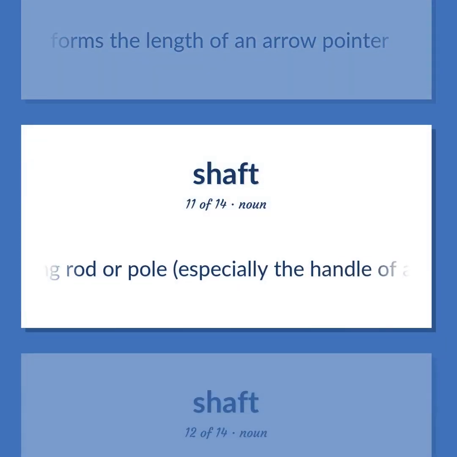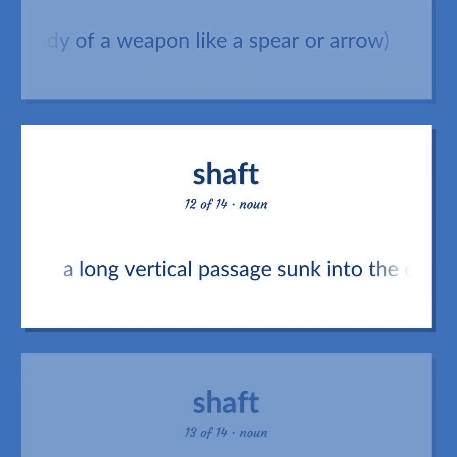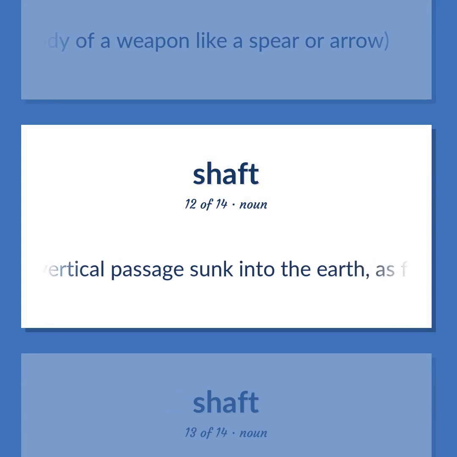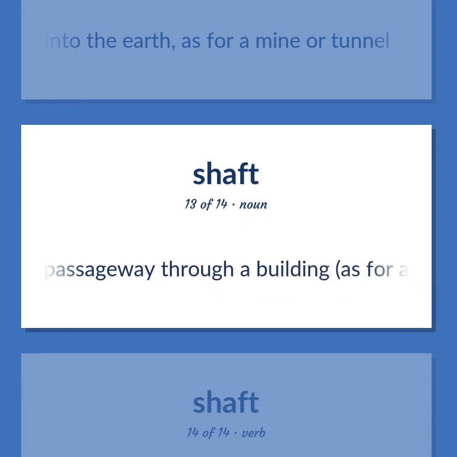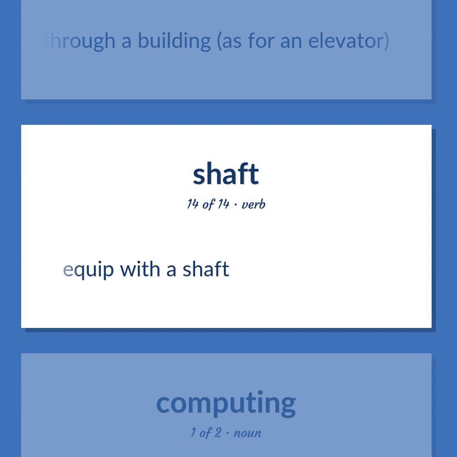A long rod or pole, especially the handle of an implement or the body of a weapon like a spear or arrow. A long vertical passage sunk into the earth, as for a mine or tunnel. A vertical passageway through a building, as for an elevator. Equip with a shaft.